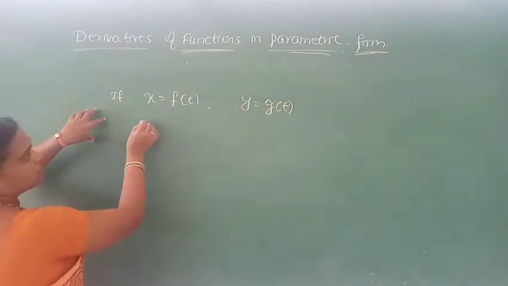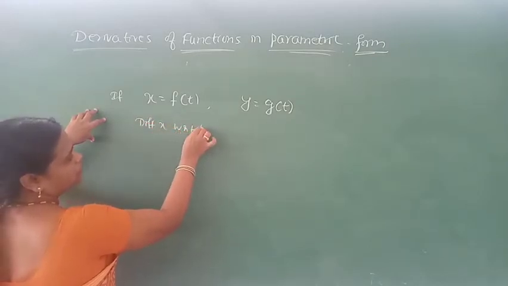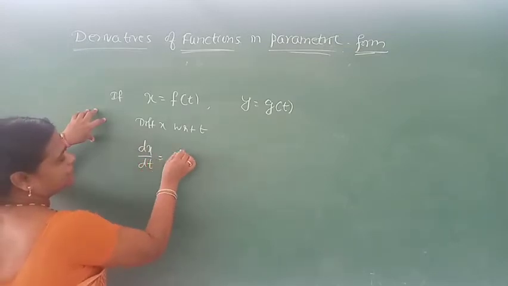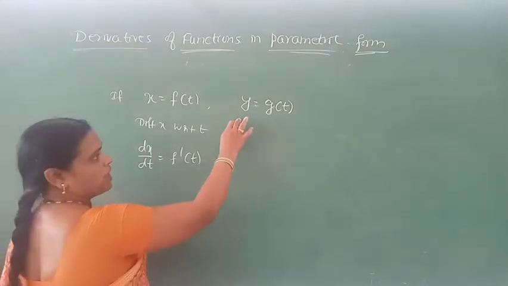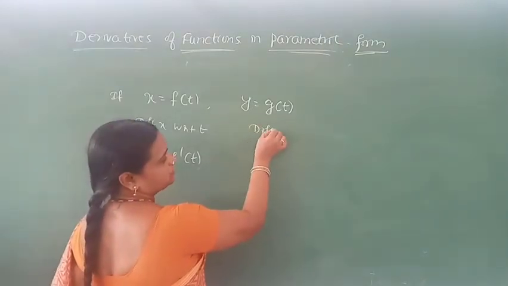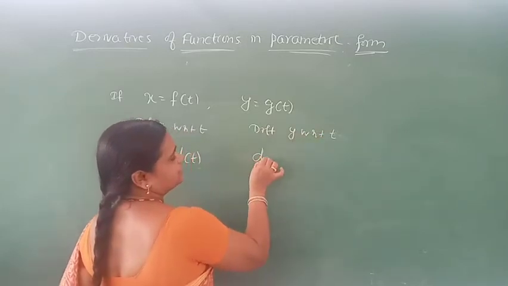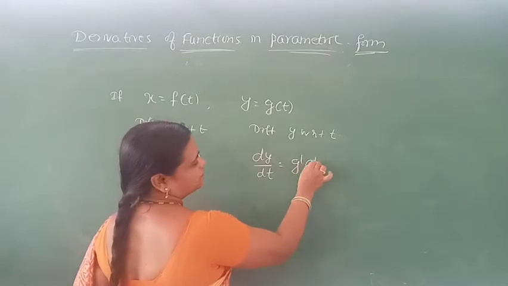Differentiate x with respect to t, we get dx by dt, which is f dash of t. Next, differentiate y with respect to t, we get dy by dt, which is g dash of t.